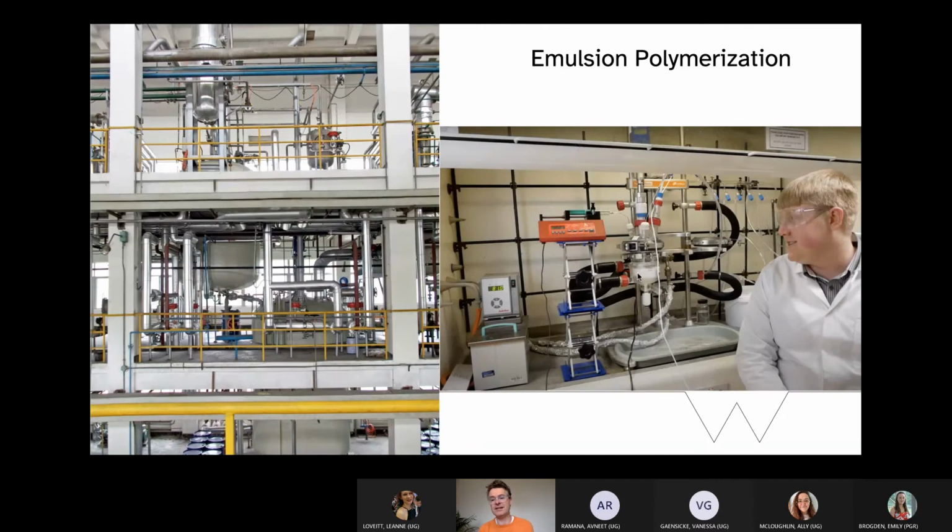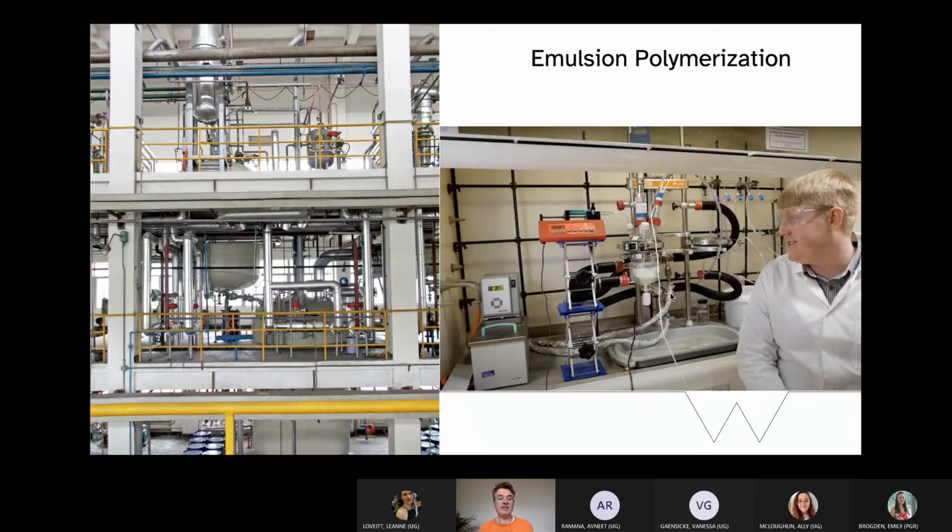Well, here on the right-hand side, you see one of my team members, Matt, in one of our emulsion polymerization reactors. So we have this kind of double-walled jacketed reactor that's thermostated here with a water circulating bath. We have a stirrer in the system. We have some feed pumps, and we can really nicely make these type of latex particles, but then synthetically.